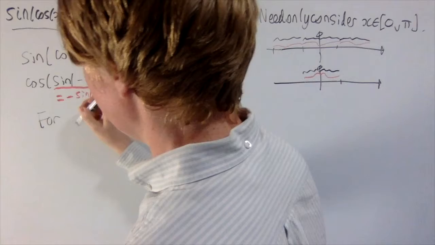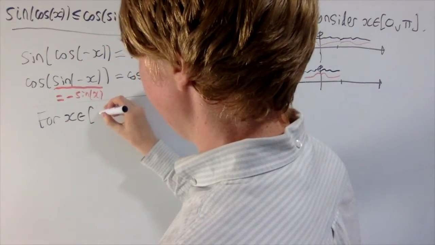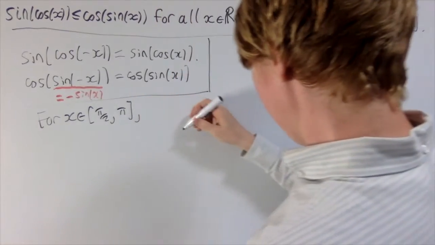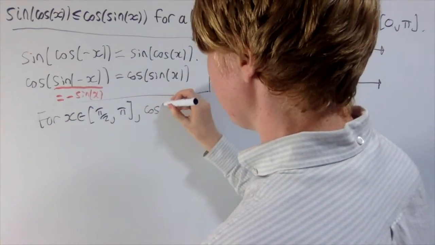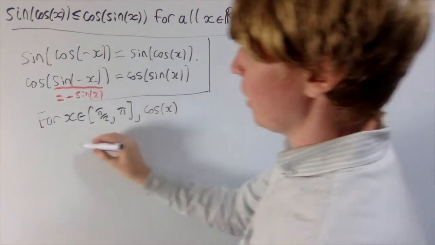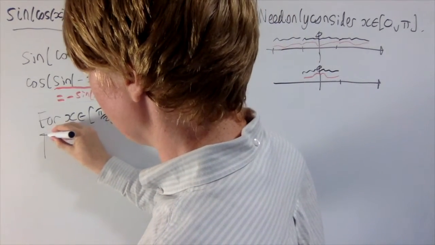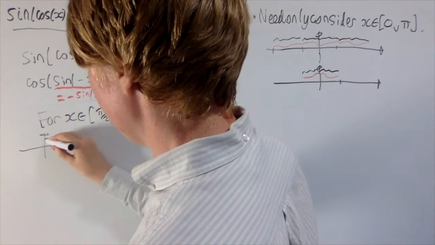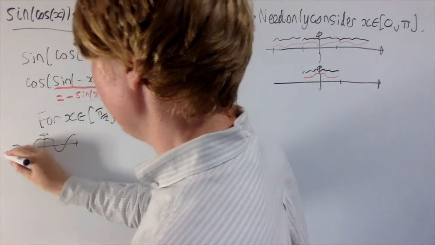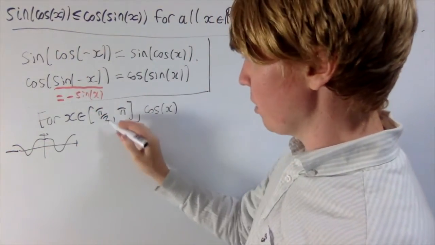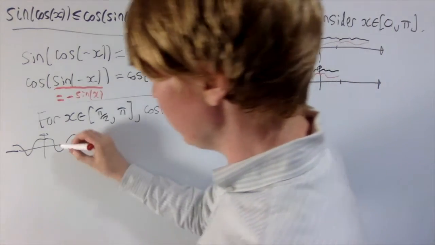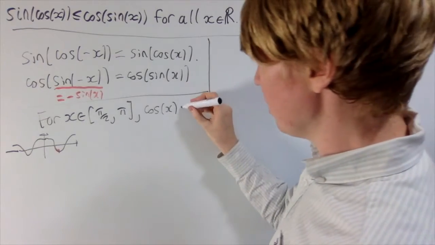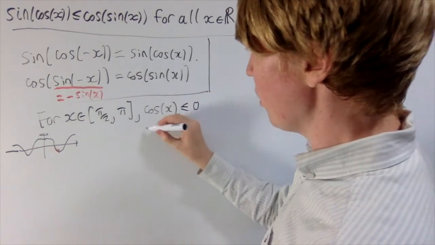so for x between pi over 2 and pi, first of all, if I draw out here just a little sketch of what sine and cos look like, you've got cos going between minus 2 pi and positive 2 pi. So for x between pi over 2 and pi, we're in this region here, cos of x is always less than or equal to 0.